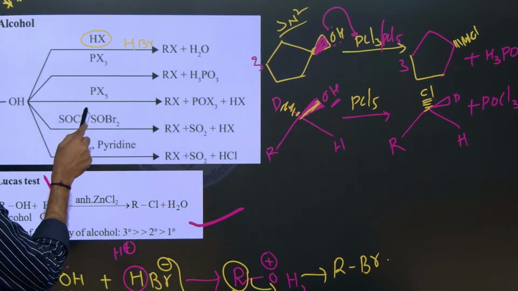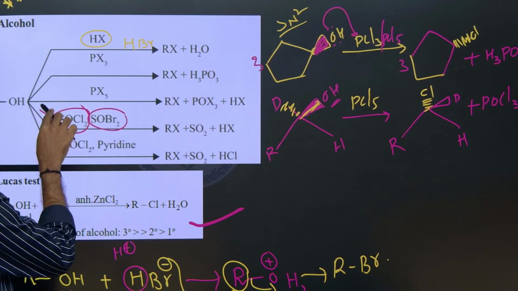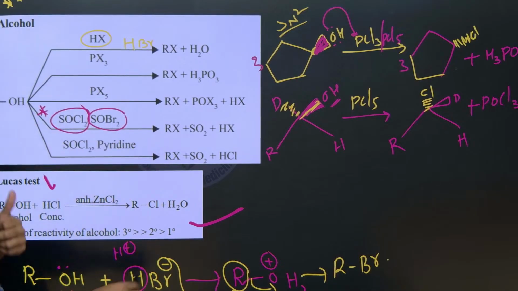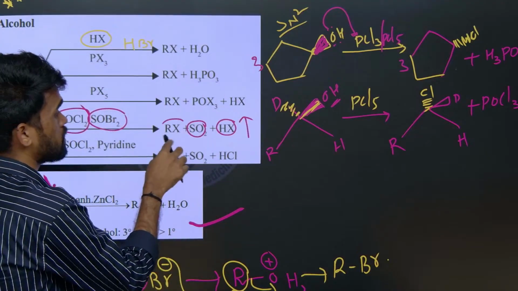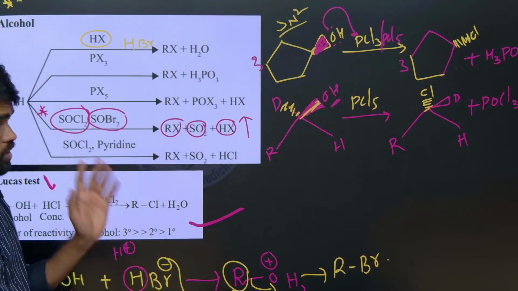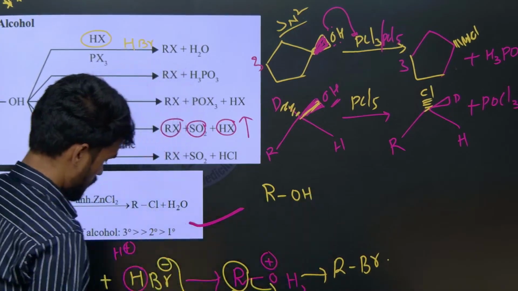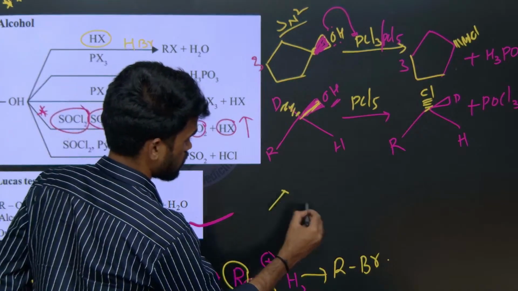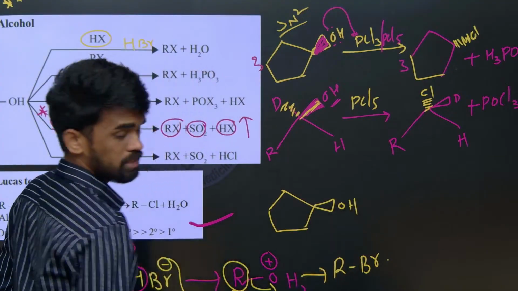Next, when it comes to thionyl chloride, thionyl bromide. This is one of the best methods for preparation of halides from respective alcohols, because the gases produced here are easily removed, therefore the product formed is easily separated from the byproducts. So if we have ROH, let us take the same example here, OH above the plane.